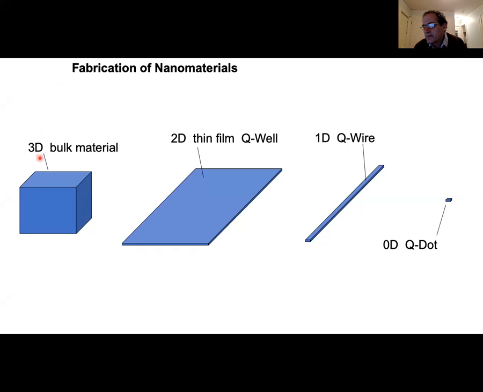There we go. So just to remember, up till now, we've been talking about bulk materials, usually three-dimensional bulk materials. But now we're going to talk about two-dimensional materials called quantum wells, or one-dimensional materials called quantum wires, and eventually zero-dimensional materials, fully confined materials called quantum dots.